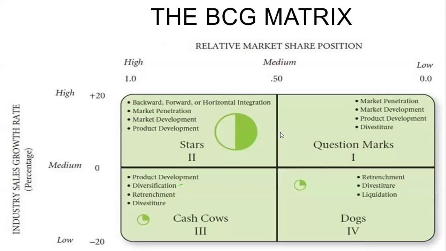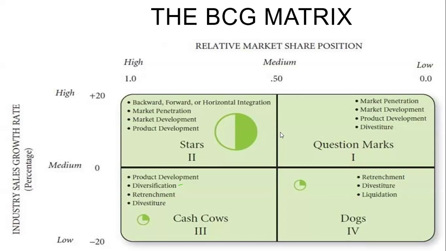As I indicated earlier on, the BCG matrix is able to characterize the various product lines or business divisions of an organization based on the degree of relative market share position that the firm has, and also the extent of industry growth potential that the firm commands.